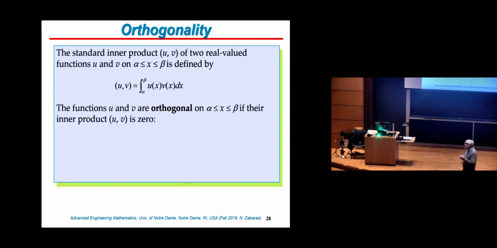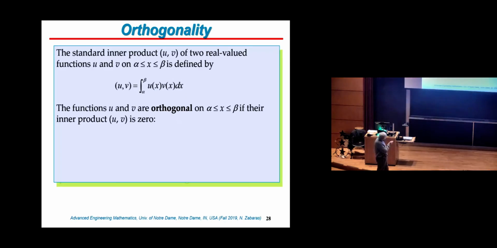Now, if you make u and v infinite, you have infinite components, so don't you think u transpose v becomes an integral? Just common sense. So the inner product between u and v, which we denote like this, is this integral, okay? And obviously, two functions are called orthogonal when this integral is equal to 0.